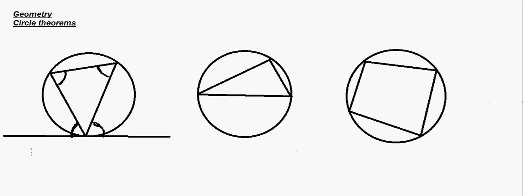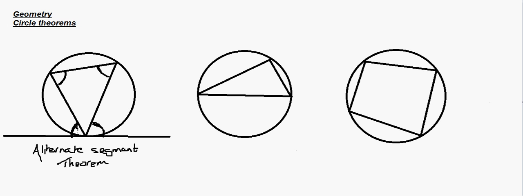Okay, now this particular circle theorem has a name. They don't all have names, but this one is called the alternate segment theorem. If you look in your textbooks, you'll see exactly what I'm talking about.